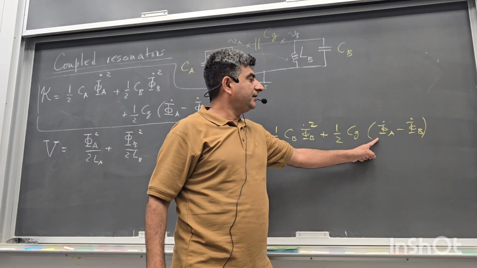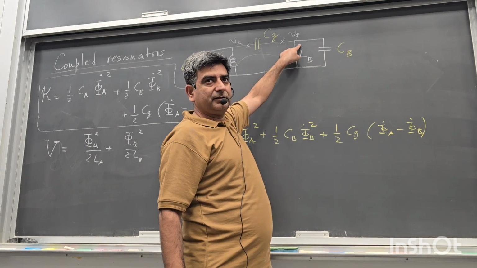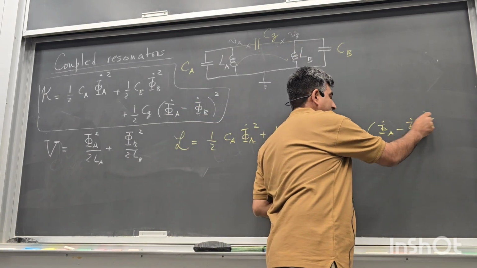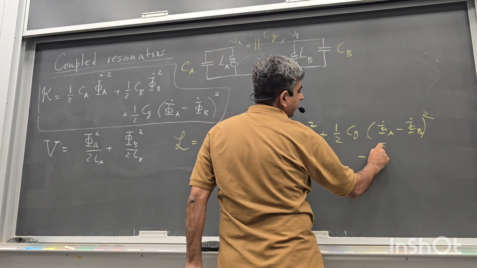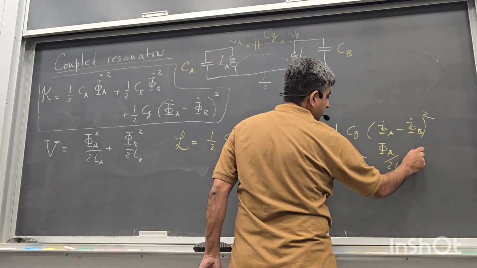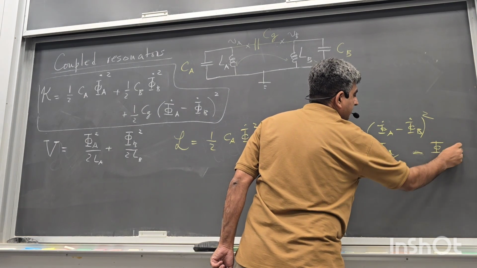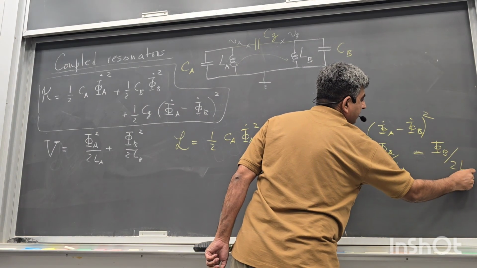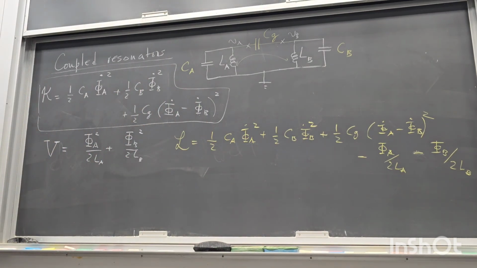Remember, this is a difference of voltages between the nodes A and B, and you square this. Minus the potential term, phi A squared over 2LA plus phi B squared over 2LB. So this is my Lagrangian.